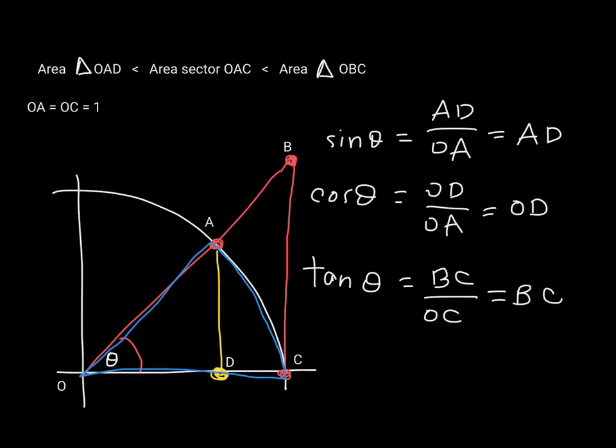Okay, with all that being said, I would like us for now to consider what is the area of this triangle OAD. Now remember that the traditional formula for the area of a triangle is 1/2 times base times height.